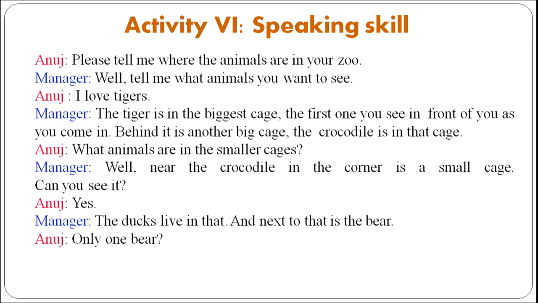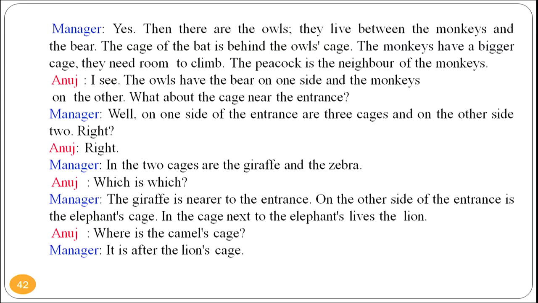Or if you have chosen another activity, say some other set of pictures, you can have a different situation, like in a restaurant, or buying clothes, or going to buy shoes in a shop. So you can have various themes and then role plays based on those themes. I have given one sample example for you on the basis of the virtual zoo that we had. You can read this and see.